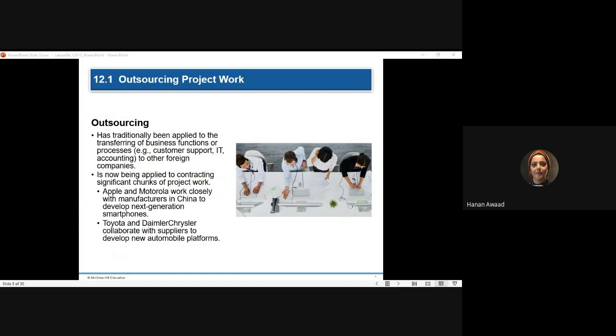Call centers. What was the question? What is a very common example for outsourcing that almost all of us had experience with? Call centers. Yes, call centers.